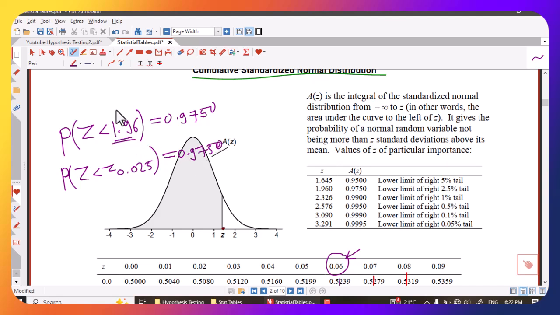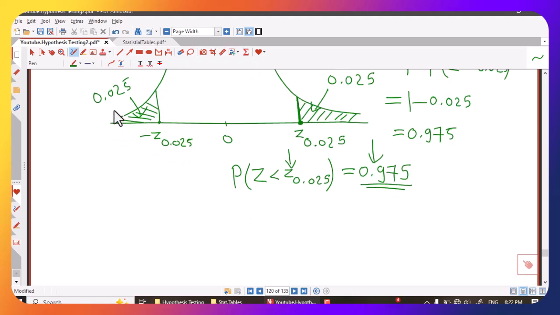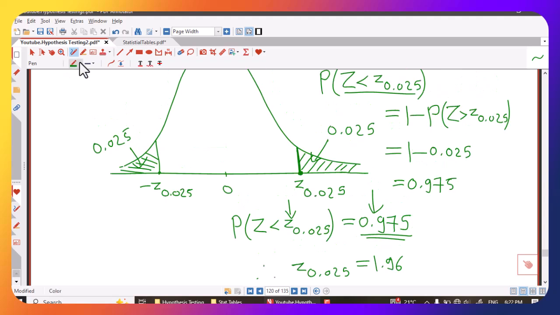So we have found out that Z 0.025 is 1.96 using the standard normal table. So here I will write that Z 0.025 is equal to 1.96. Let me show in the table. This value is Z 0.025, which is 1.96, and due to symmetry this is minus 1.96.